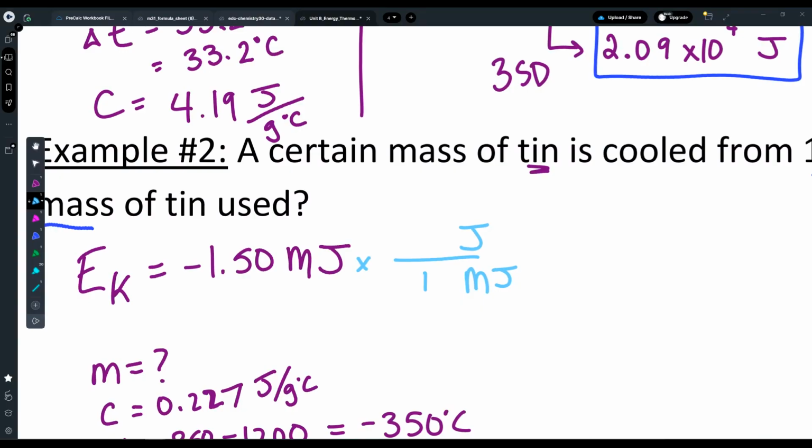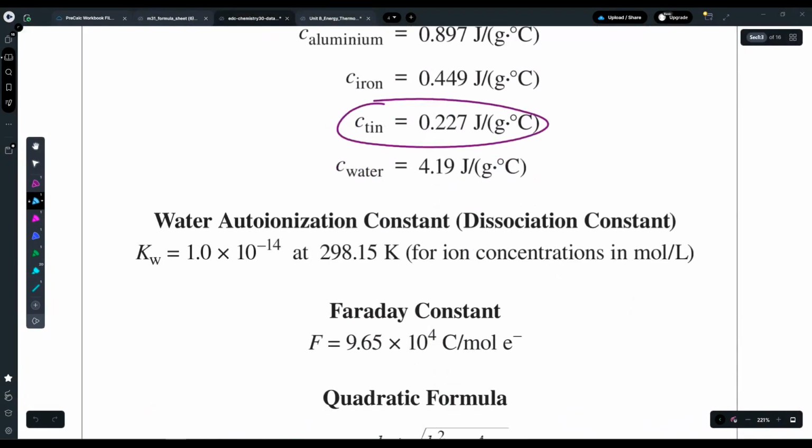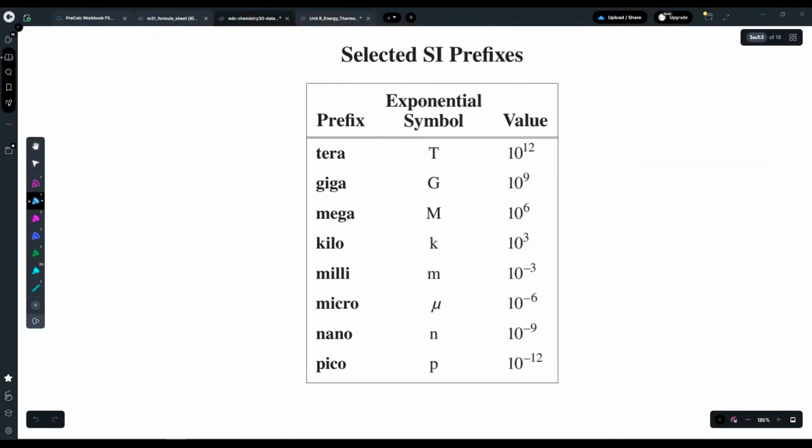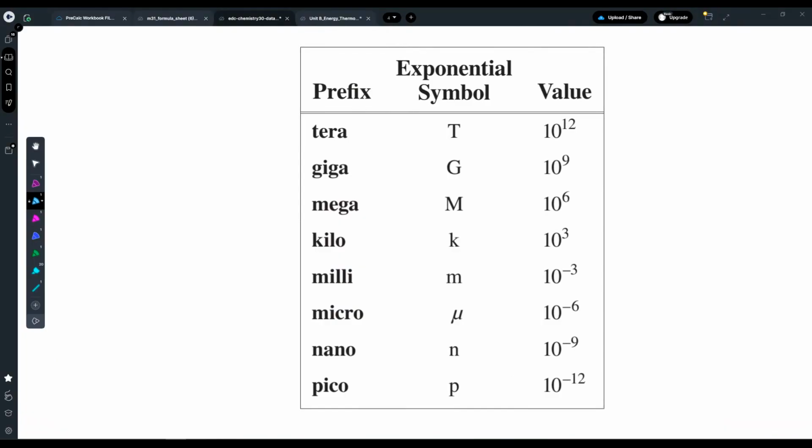If you're wondering how you should know that megajoules is bigger than joules, what you can do is go to your data booklet. This is on page 3, just scroll down a little bit, and they mention the prefixes for the metric system here. They start with the biggest.